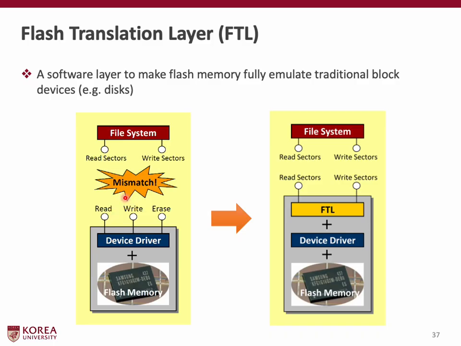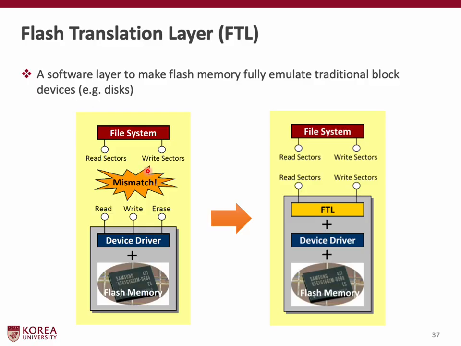The blocks in flash memory are different from the blocks assumed by the file system. In addition, SSD exposes several low-level operations like read, write, and erase at the flash level. And the file system doesn't support these low-level operations of SSD. That is, there is a big mismatch between the file system and SSD.